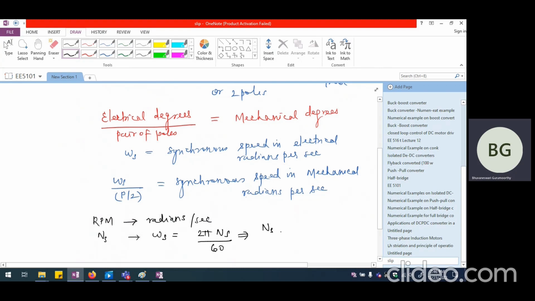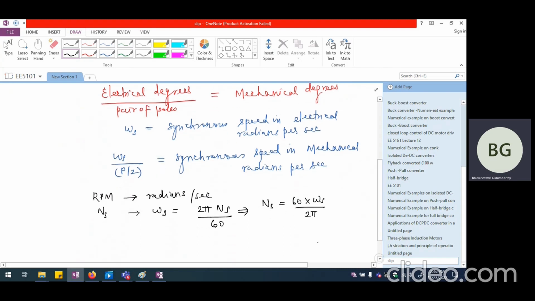This is Ns equal to 60 multiplied by omega s divided by 2 pi. And after all, we can say omega s is 60 multiplied by 2 pi f divided by 2 pi. So we are going to cancel these two.